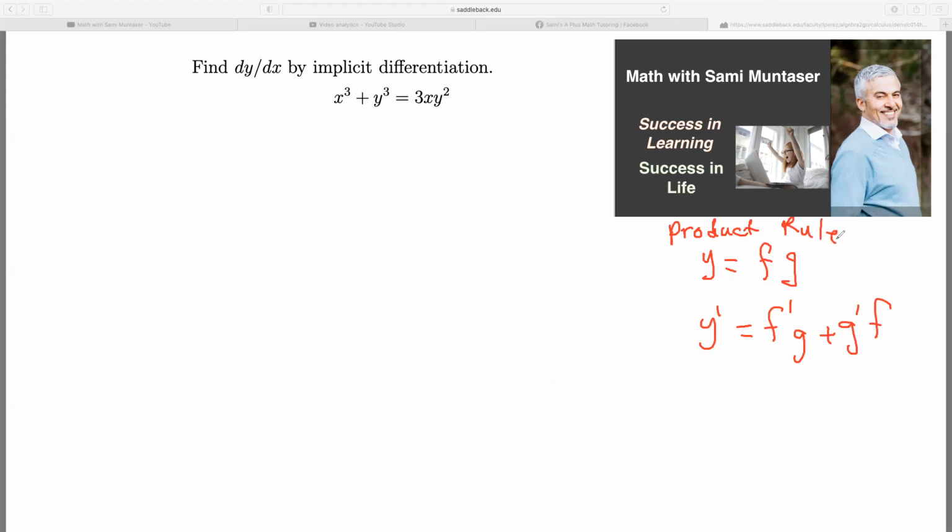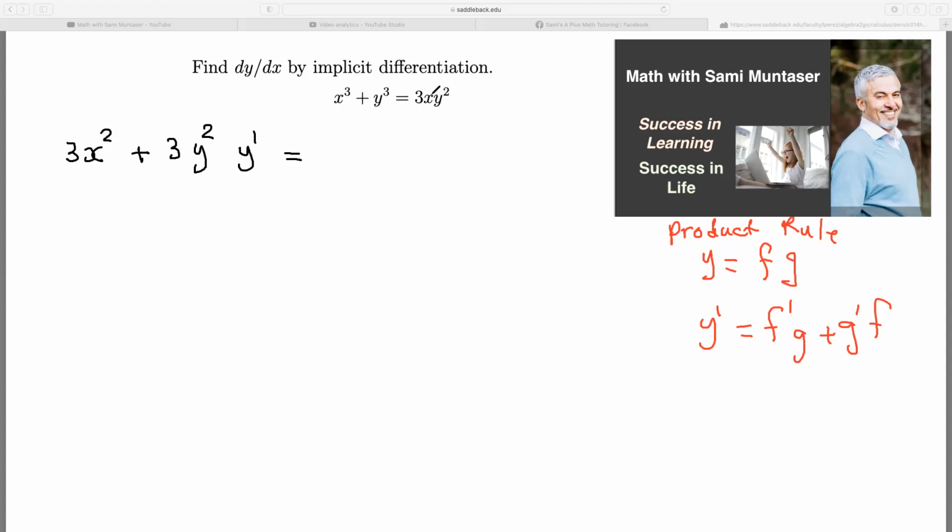Now, let's start doing this. Let's start doing the derivative of this. The derivative of x cubed is going to become 3x squared dx. We don't have to write that. Plus, when you take the derivative of 3y cubed, the power rule gives you 3y squared, and now it's dy/dx, or you could just write y prime, the same thing, equals.